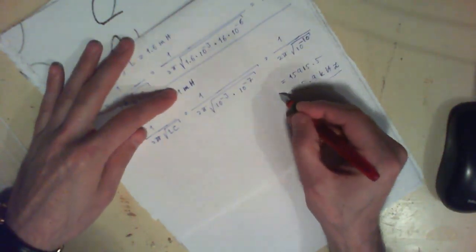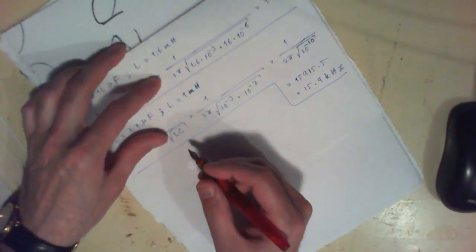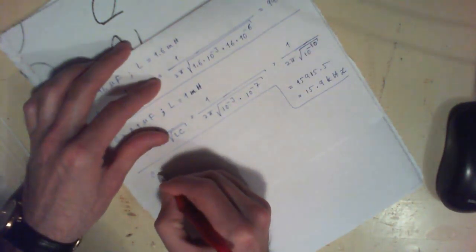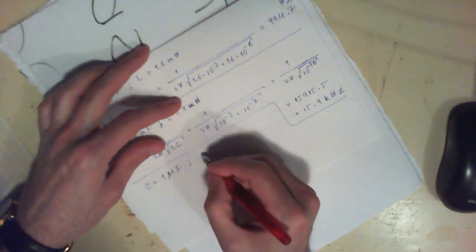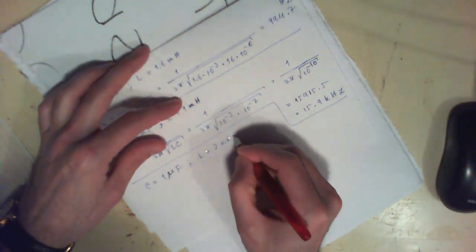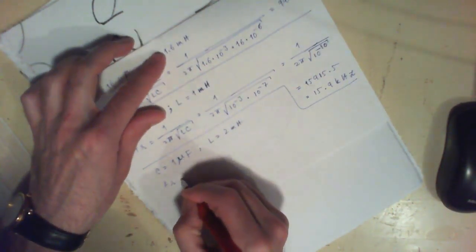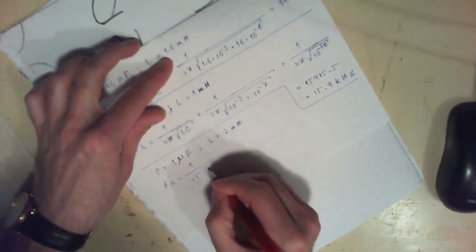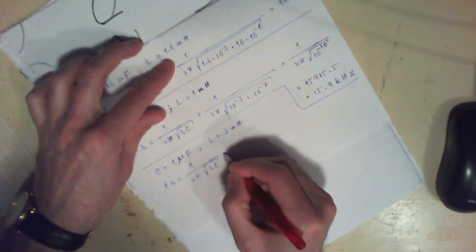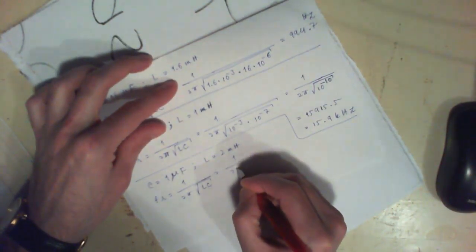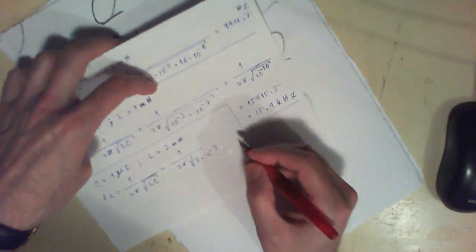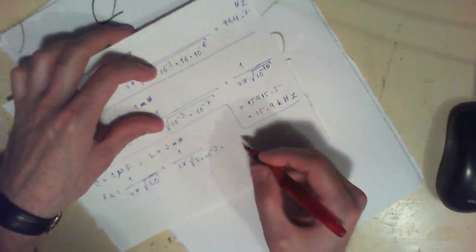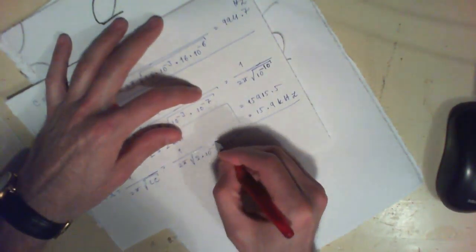Then let's say that the values that you have are, I don't know, probably 1 microfarad and 2 millihenry. So if C is equal to 1 microfarad and your L is equal to 2 millihenry, then your resonant frequency f_r is going to be 1 over 2 pi the square root of LC, which is equal to 1 over 2 pi the square root of 2 millihenry, 2 into 10 raised to the power negative 3, times C, which is 1 microfarad, 10 raised to the power negative 6.